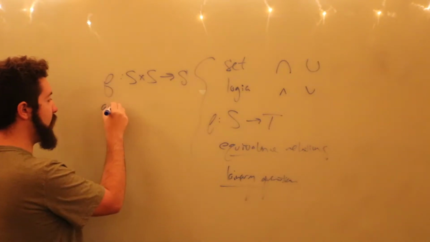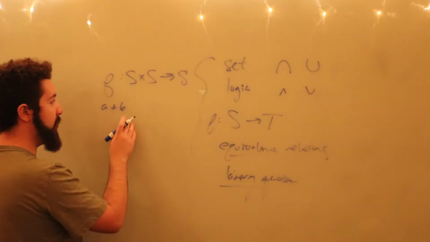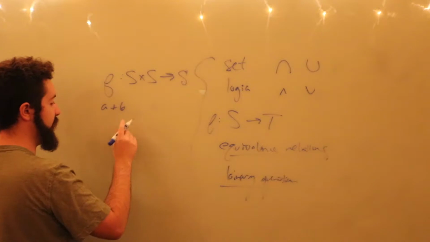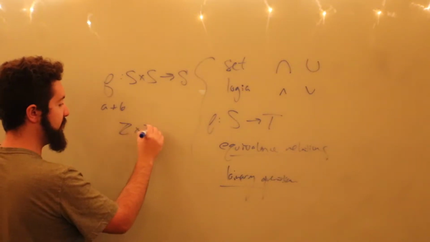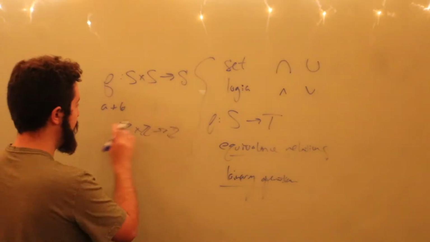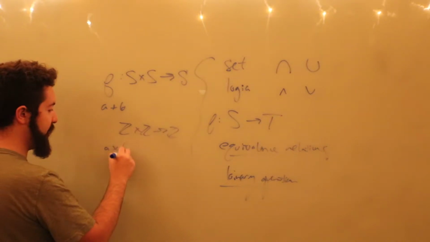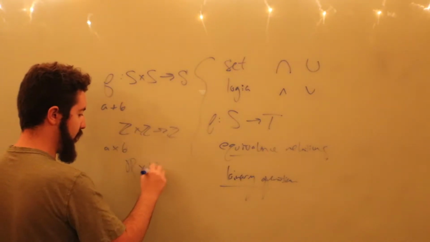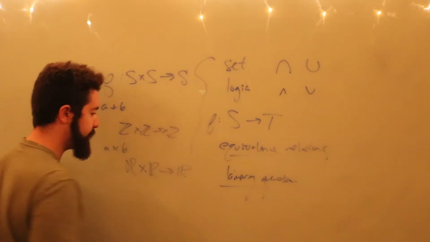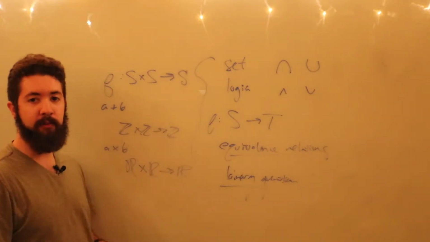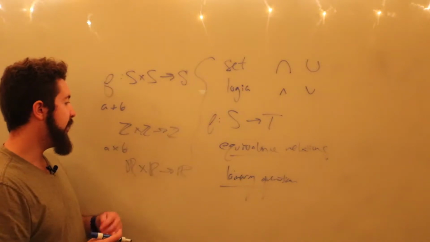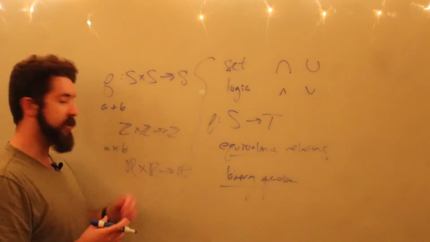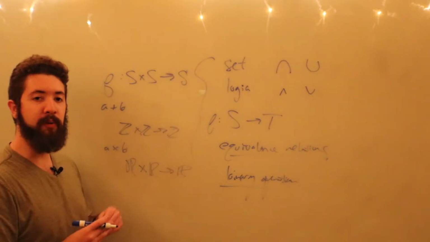And of course, normal addition for, say, integers, this would be Z cross Z to Z. A times b for, say, real numbers would be a function from R cross R to R. And this is pretty much all there is to it. Any properties that are beyond this of a binary operation we will cover.